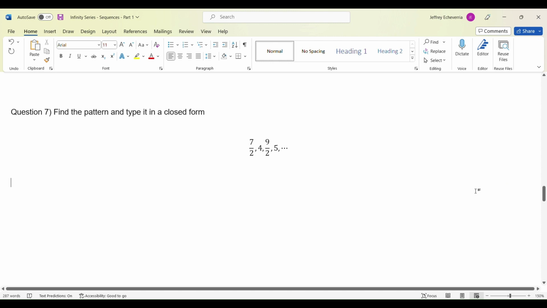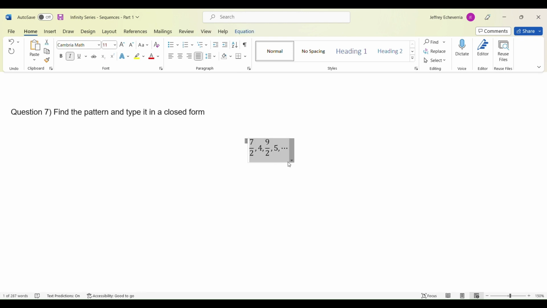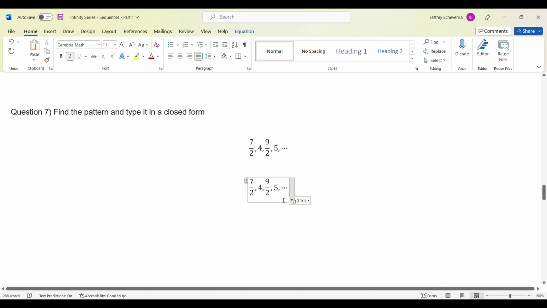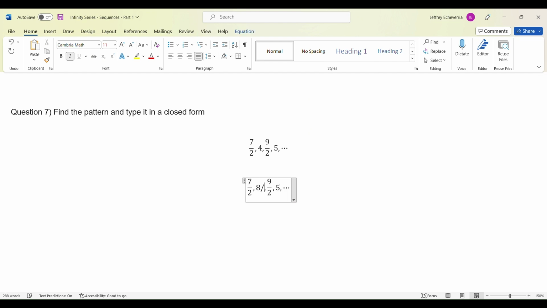For question number 7, find the patterns and type it in a closed form. So let's copy and paste this. So we have 7 halves, but let's replace 4 with 8 halves. Let's replace 5 with 10 halves. And if you notice, the numerator is increased by 1 and the 2 is always the same.